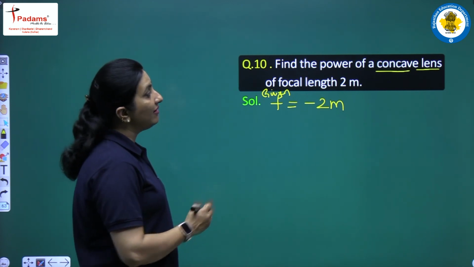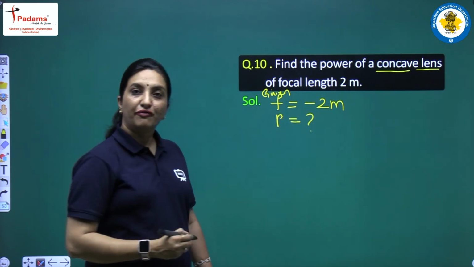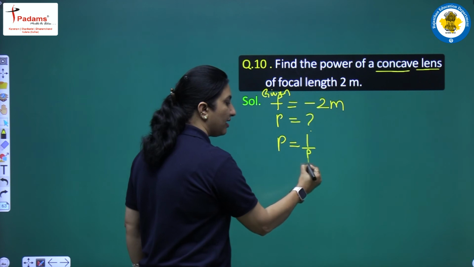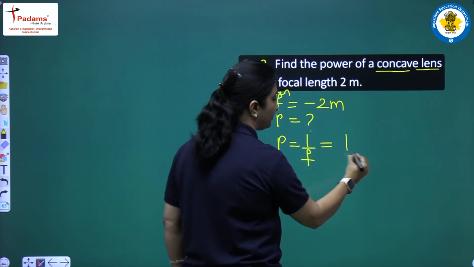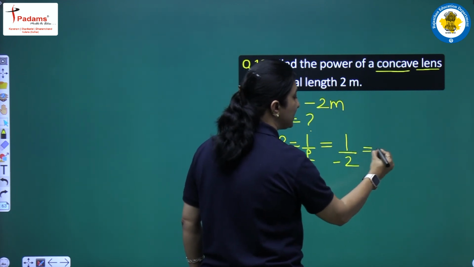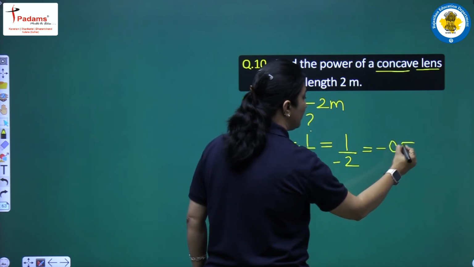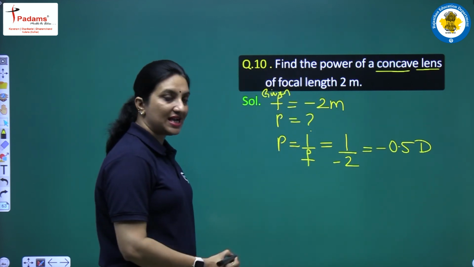What we need to calculate? We need to calculate the power. The formula used is P is equal to 1 upon f. That is 1 upon minus 2, and on solving this we get a negative sign, and 2 5s are 10 with a decimal point, and the unit is diopter.